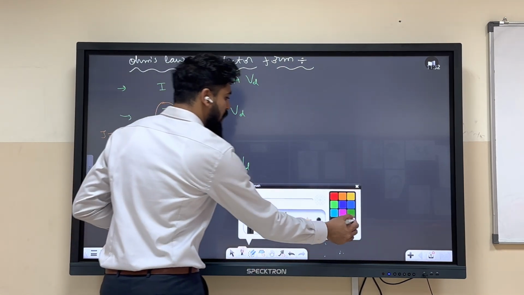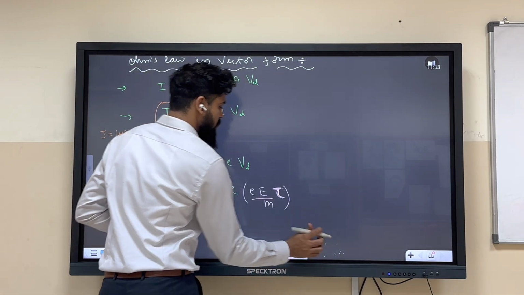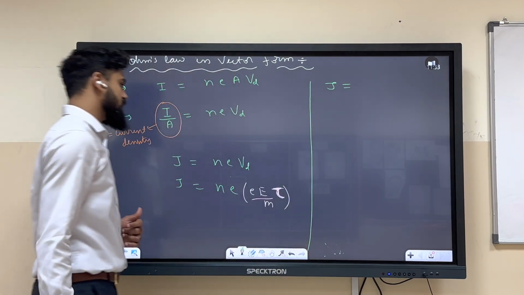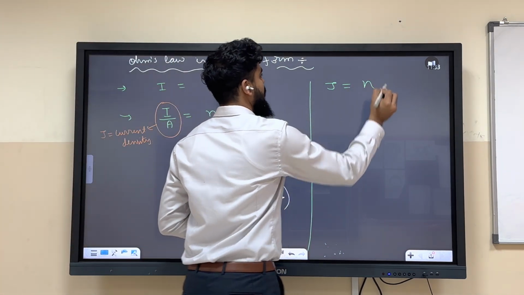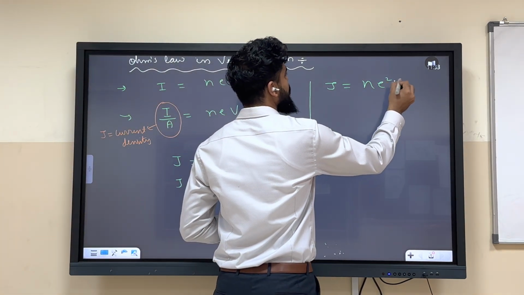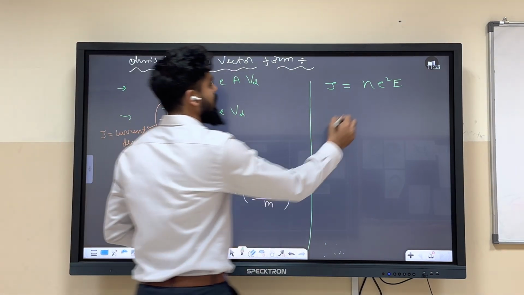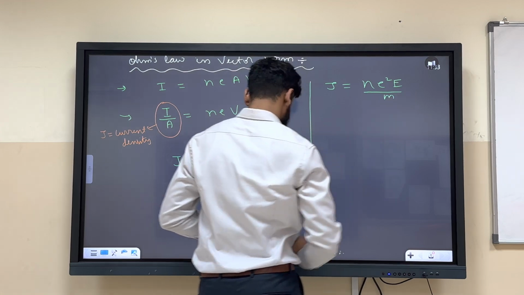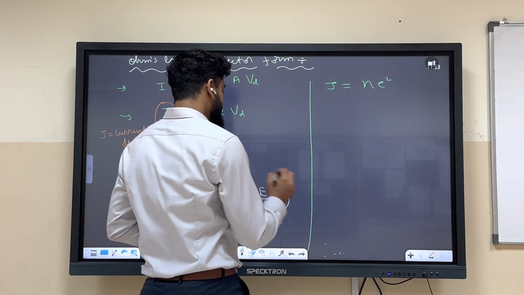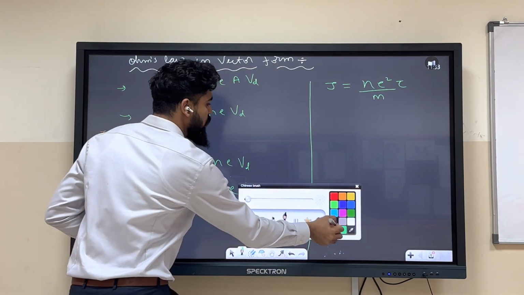Now we can write J equals n e square tau by m into E. I just wanted to write it in a different way.